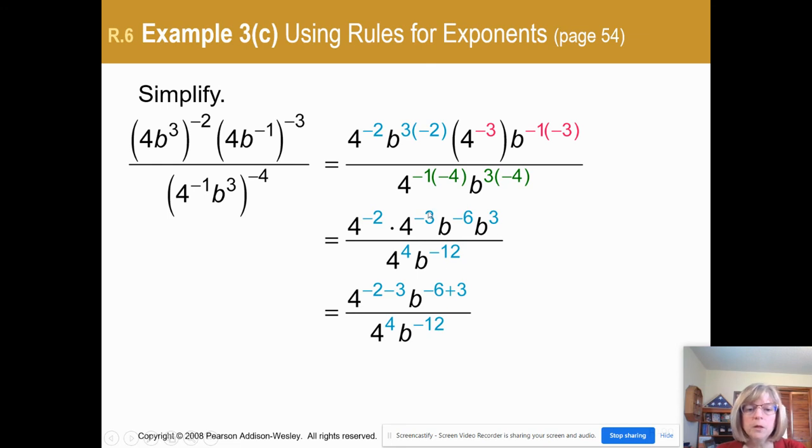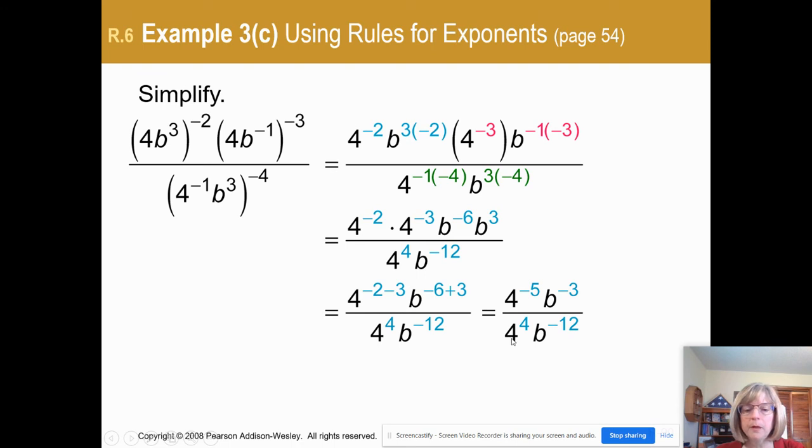But first, we're going to combine like terms. So our rules for exponents says when the bases are the same, we'll add these exponents together. So negative 2 plus a negative 3, b to the negative 6 plus 3. And on the bottom, we didn't do anything with that. So now we have 4 to the negative 5, b to the negative third, over 4 to the fourth, b to the negative 12.